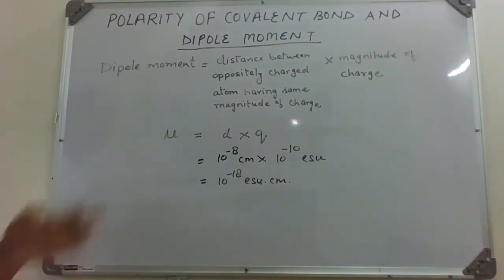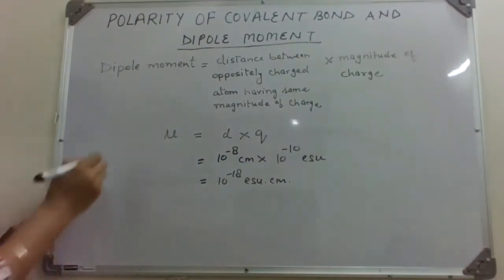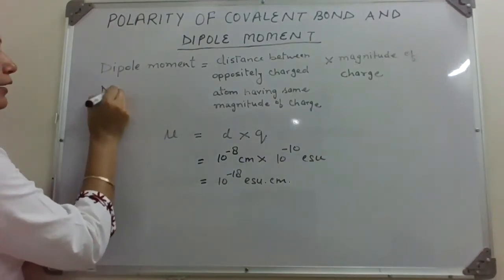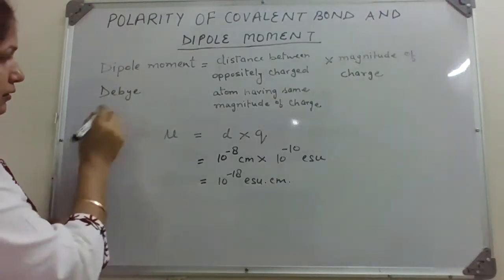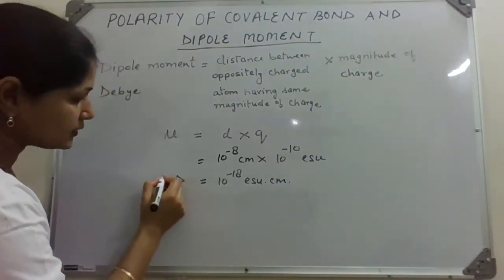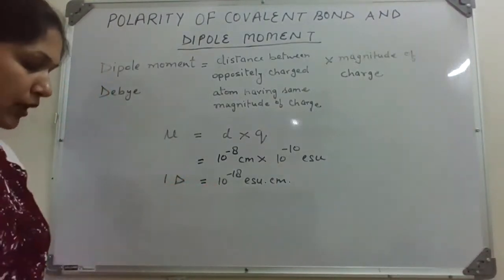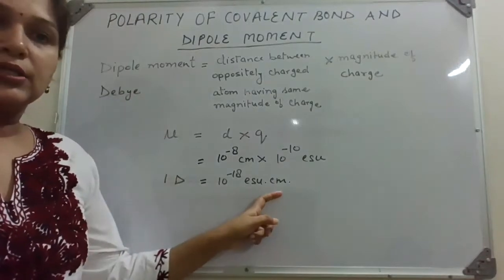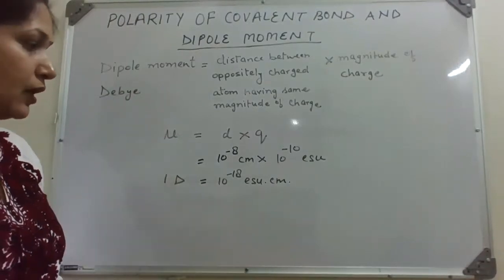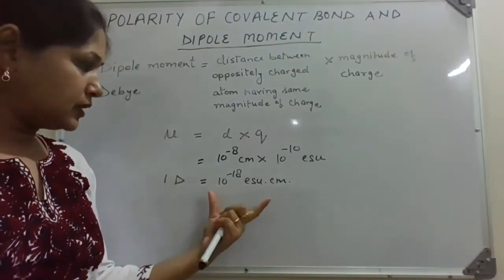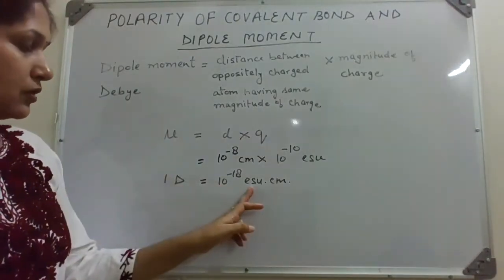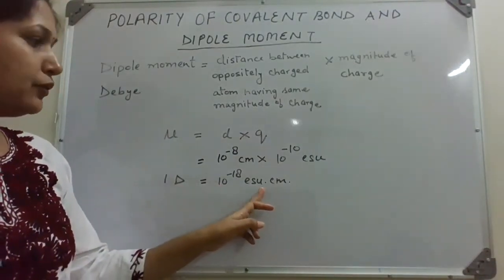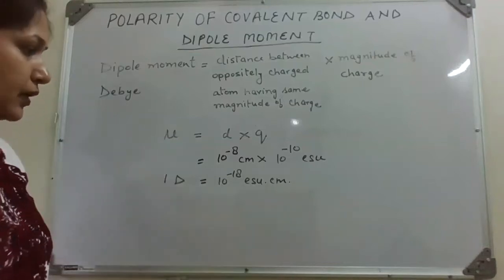And dipole moment is expressed by the unit debye. Debye is shown by capital D. So we can say 1 debye is equal to 10 to the power minus 18 ESU centimeter. If you want to convert this unit to MKS unit, then in MKS, the unit of charge is coulomb and the unit of distance is meter.